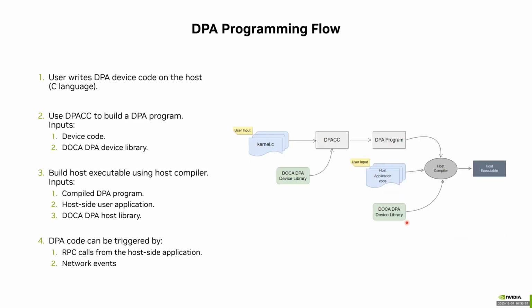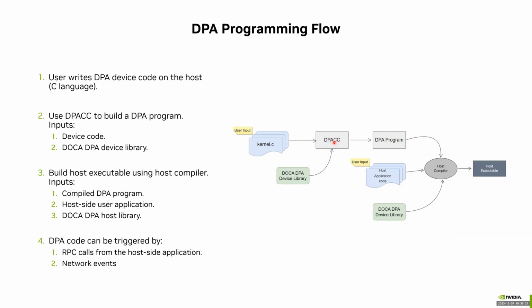Good. So now, how do we actually run stuff on the DPA? The idea is that the user writes the event handlers or kernels directly in C code, and then compiles them through DPA-CC. That also takes as input the Docker DPA device side library. So this is code that runs on the device, compiled for the specific architecture.